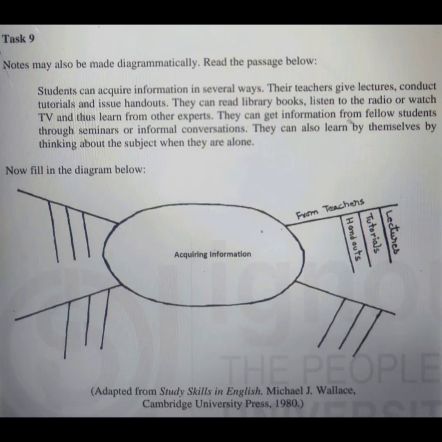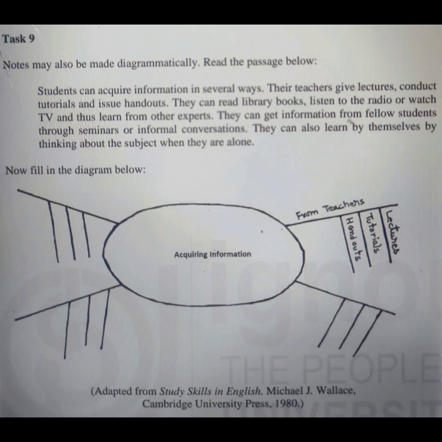Task 9. Notes may also be made diagrammatically. Read the passage below. Students can acquire information in several ways. Their teachers give lectures, conduct tutorials and issue handouts. They can read library books, listen to the radio or watch TV and thus learn from other experts. They can get information from fellow students through seminars or informal conversations.